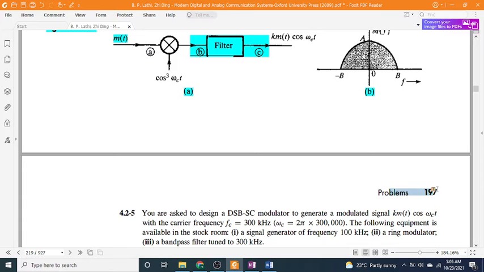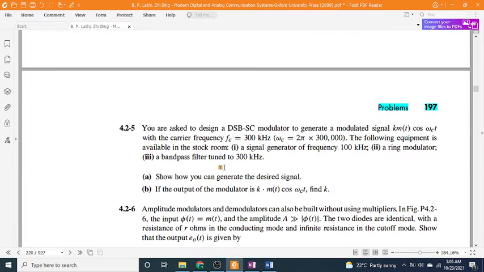Problem 4.2-5: you are asked to design a DSB-SC modulator to generate a modulated signal Km(t) cos ωct with carrier frequency fc = 300 kHz and W = 2π × 300,000. The following equipment is available in the stockroom: 1.